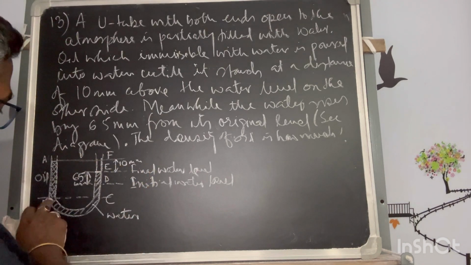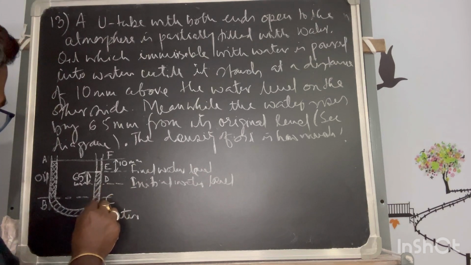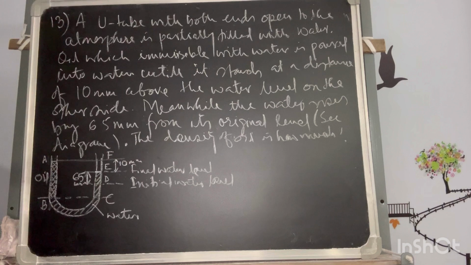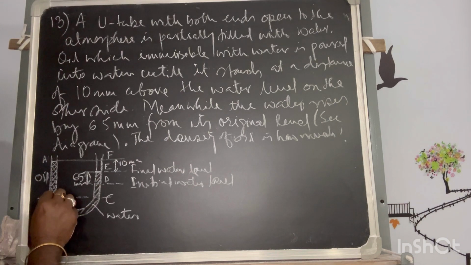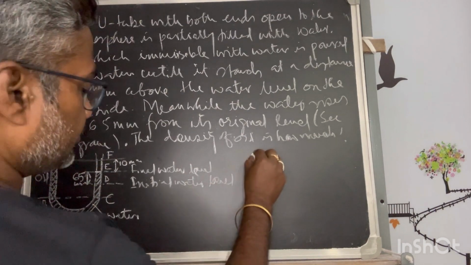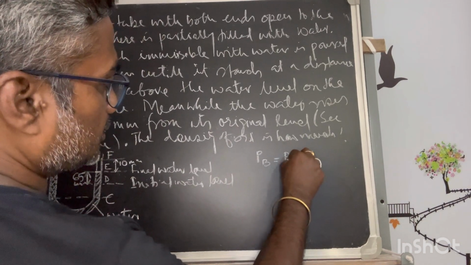Across the BC line the liquid is water, so in the horizontal line cutting the two arms, the pressure here and here is the same, that means PB is equal to PC.